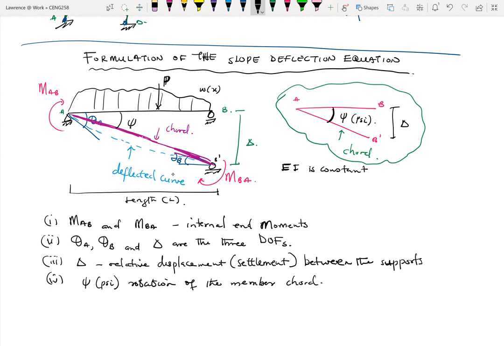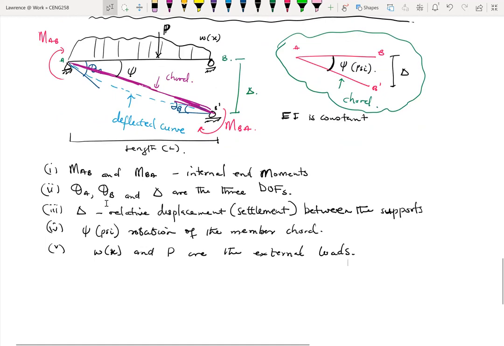I think I've defined what everything is. And then w(x), and P are the external loads. I think I've covered everything I need to from here. So these are the key things we need to take note of. One is the internal end moments, MAB and MBA.